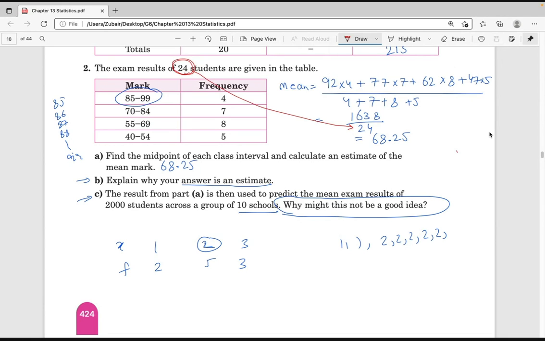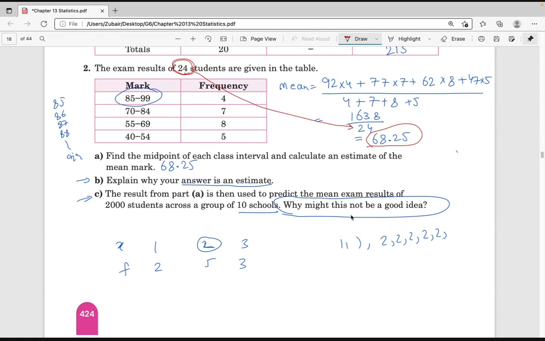Ali, anything you can think of? Day one, I ask your marks. I'm not repeating that. But will it be fair if I have conducted this survey and I get an average of 68.25 and I say that Ali's class is also having an average of 68.25, but I do remember which percentage you told me.